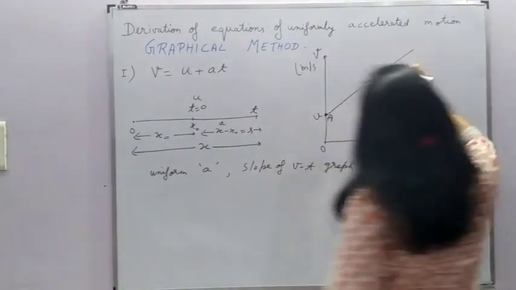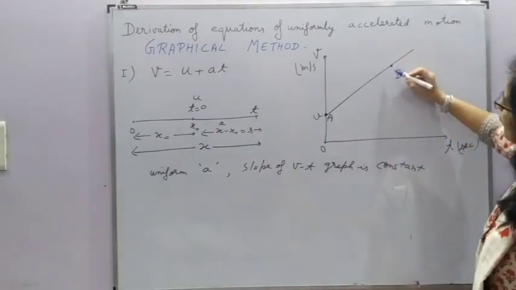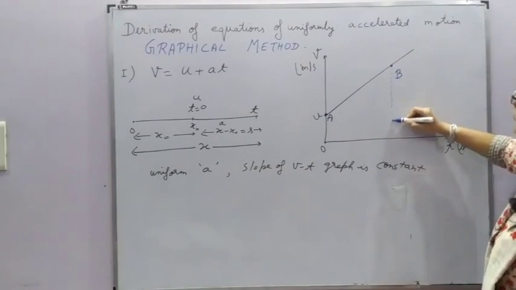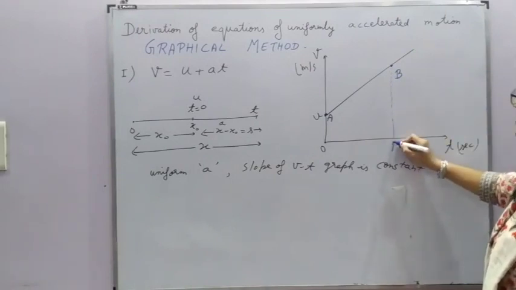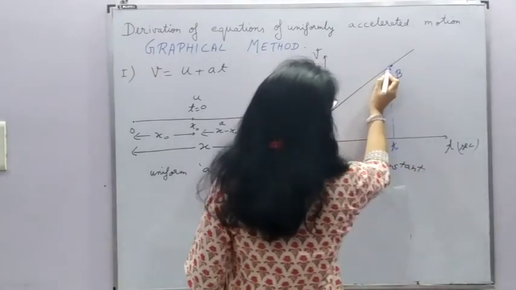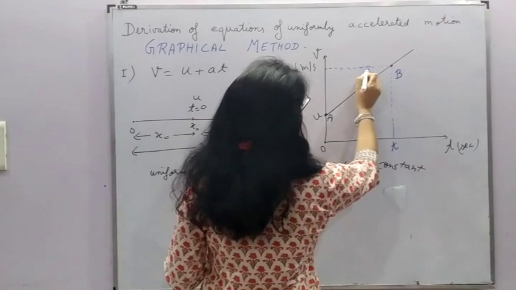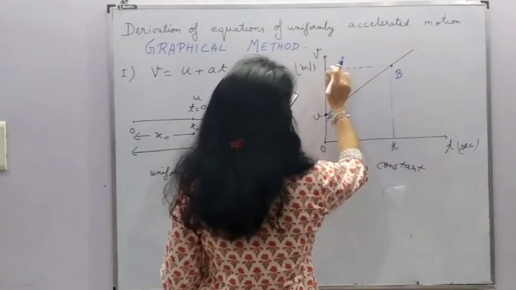And another point B where the time elapsed is t, and at point B the final velocity after time t is v.